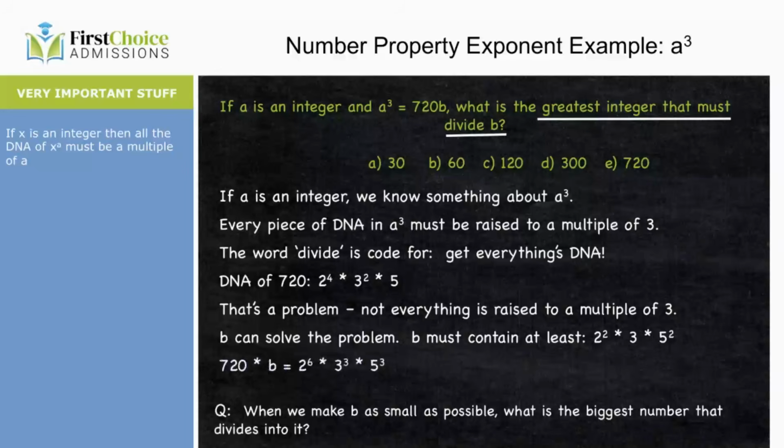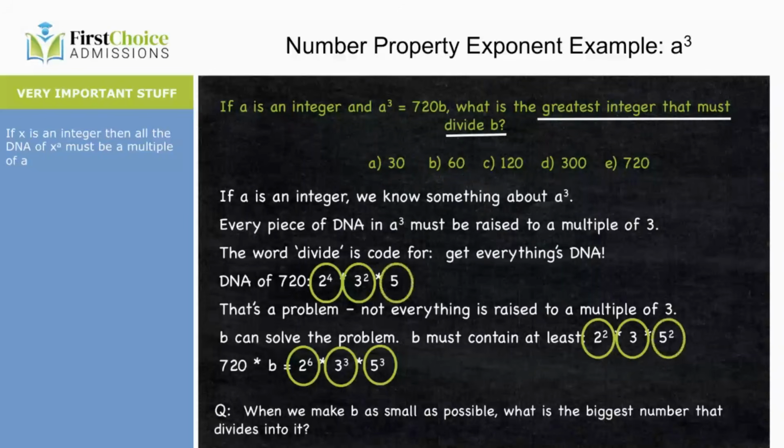Remember, when we multiply numbers together, all we do is combine their DNA. So we will end up with 2 to the 6th because that is 2 squared times 2 to the 4th. We will end up with 3 cubed because that is 3 to the 1st times 3 squared. And we will also end up with 5 cubed because that is 5 squared times 5. Problem solved.